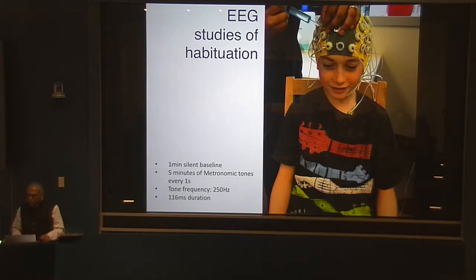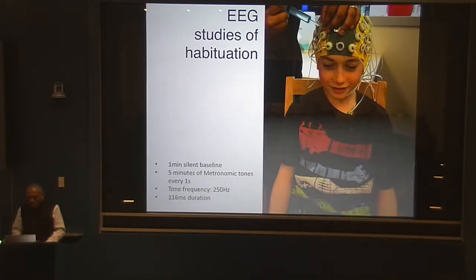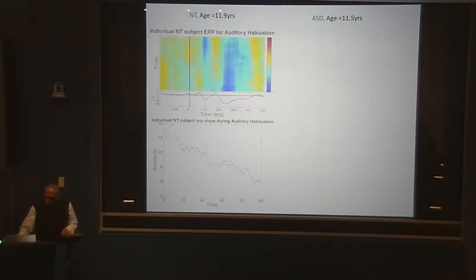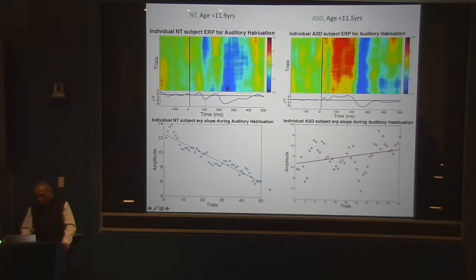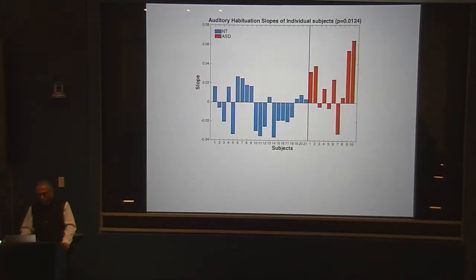Essentially the same paradigm as in MEG. We are having the person listen to these auditory metronomic sequences, and we are looking at the strength of the evoked potential, and that evoked potential over time is decreasing. For autistic subjects, it's not. And here is the bar plot that you have now become familiar with.